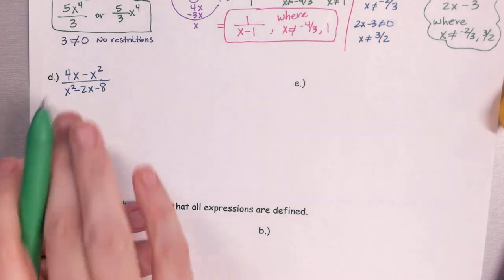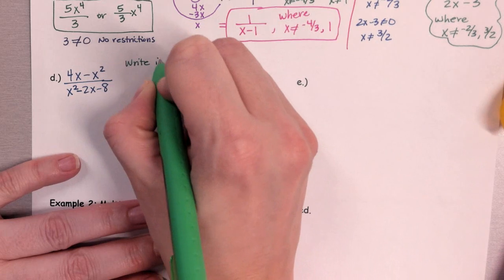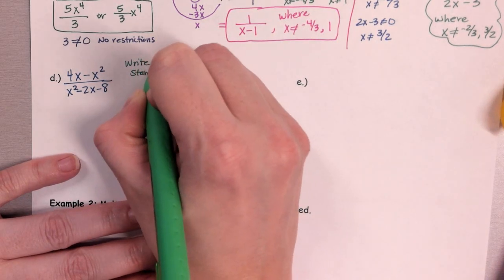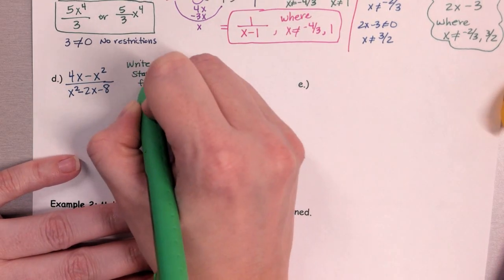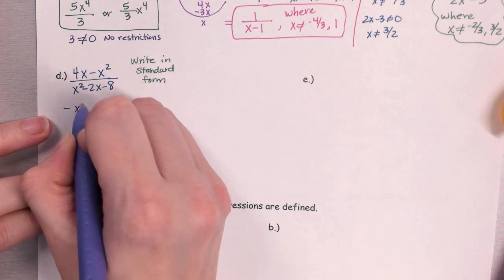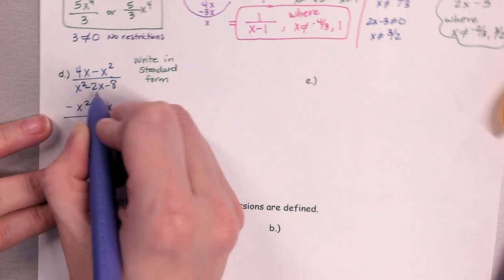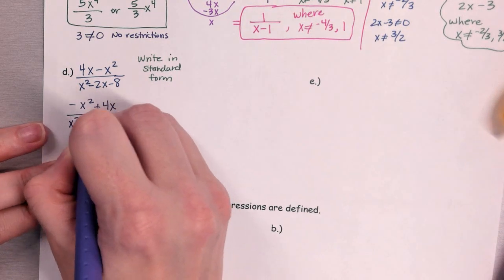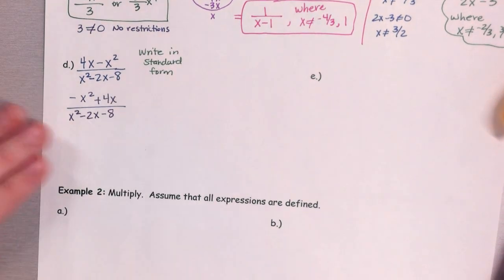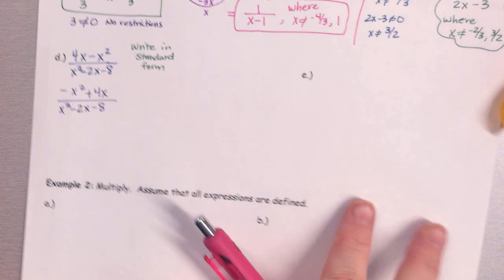If you ever have these that are not in standard form, I would write them in standard form, which means the x squared term is going to go first. So this would be negative x squared plus 4x. And that way you can factor out that negative. So you're going to factor out the GCF and the negative in this step.